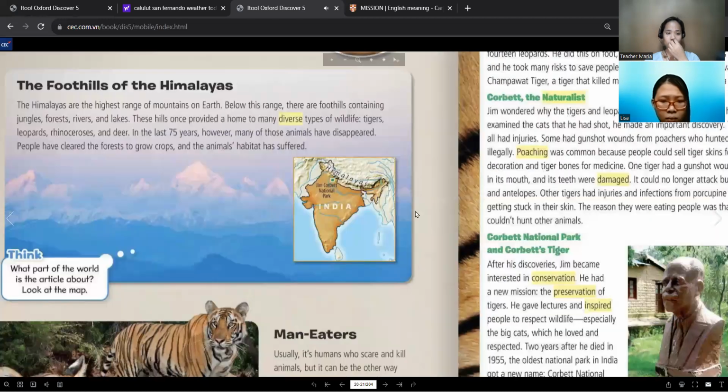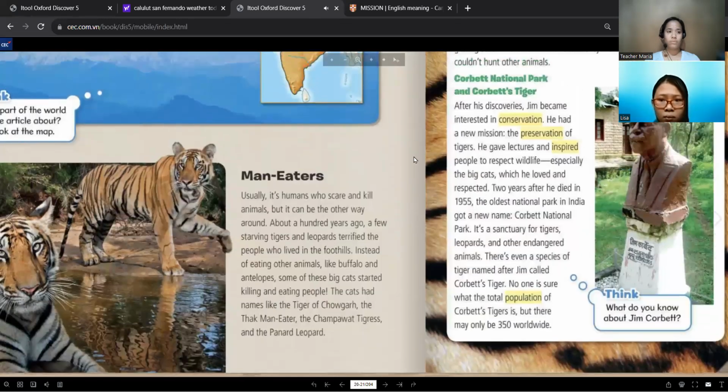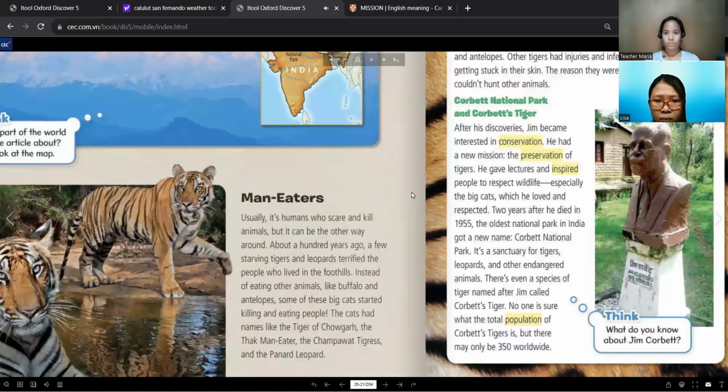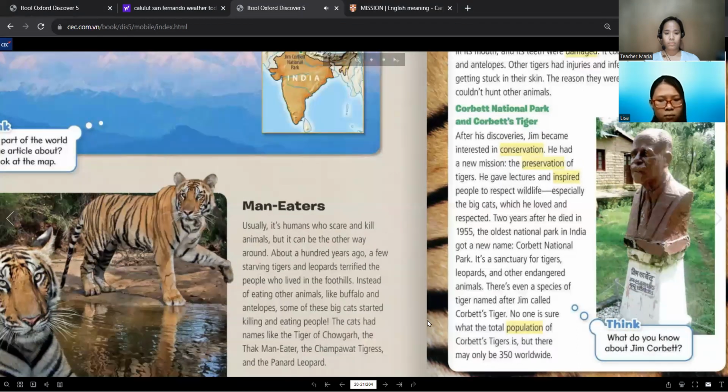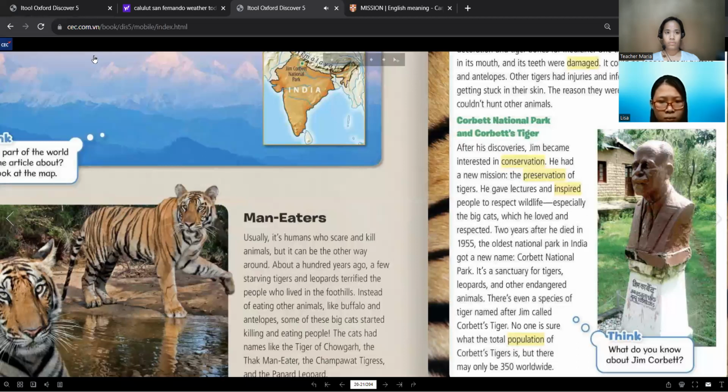Man-eaters. Usually it's humans who scare and kill animals, but it can be the other way around. About 100 years ago, a few starving tigers and leopards terrified the people who lived in the foothills. Instead of eating other animals, like buffalo and antelopes, some of these big cats started killing and eating people. The cats had names like the tiger of Chowgar, the Thack man-eater, the Champawat tigress, and the Penard leopard. Jim Corbett.